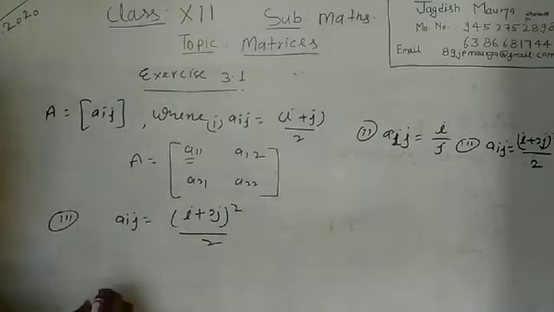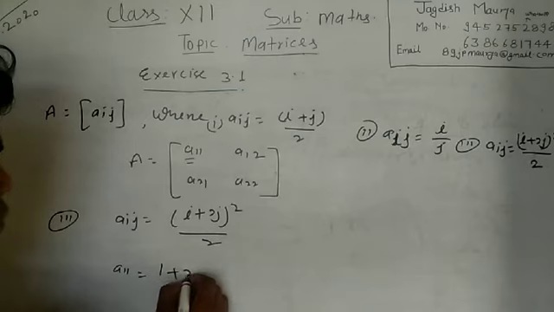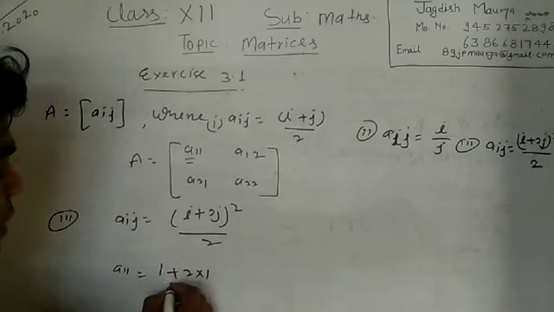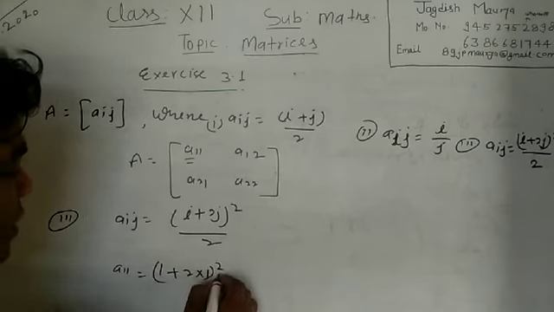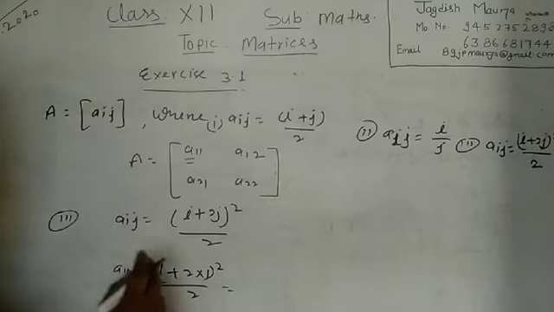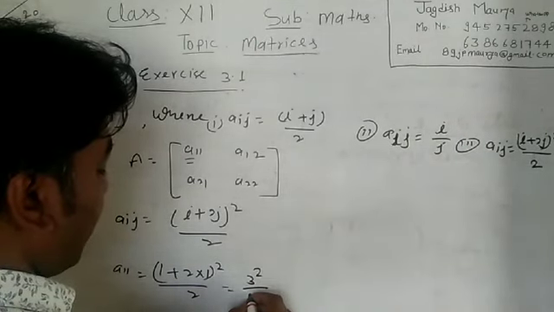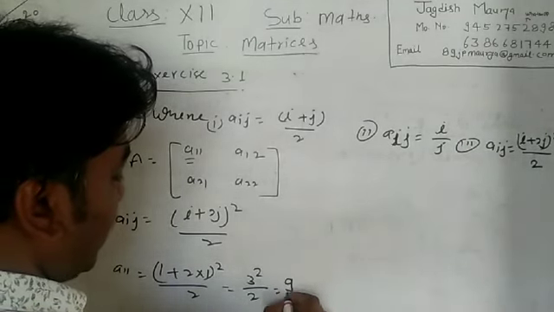Here we find A11 equal to (1 plus 2 into 1) whole square upon 2. 1 plus 2 into 1 is 3, square upon 2 equal to 9 by 2.